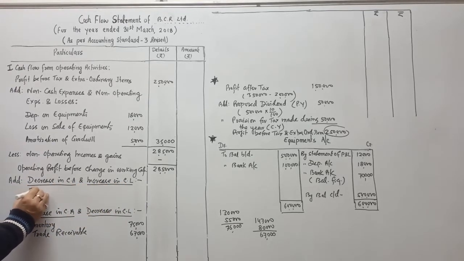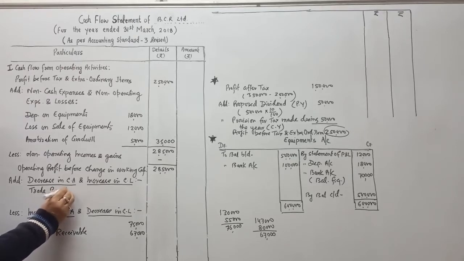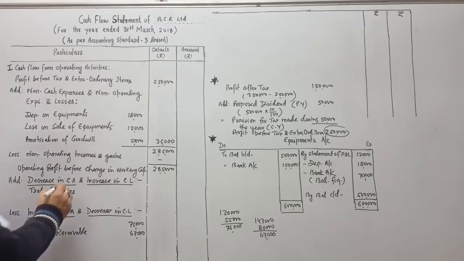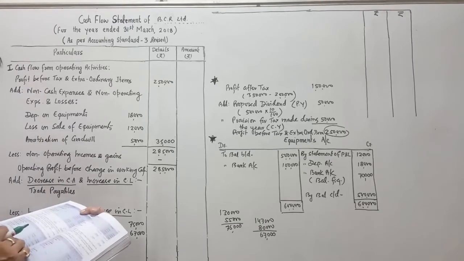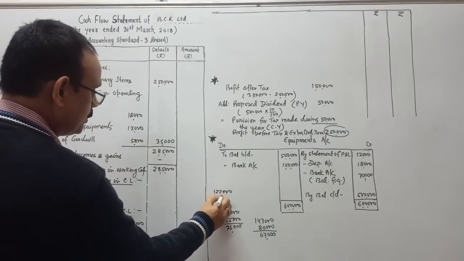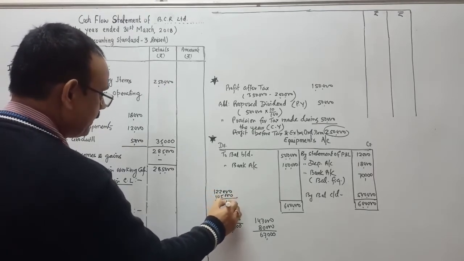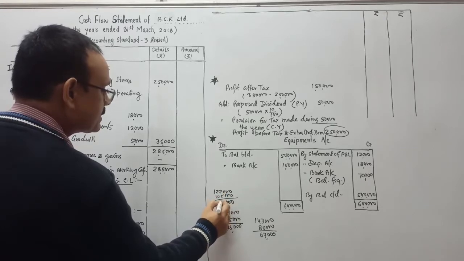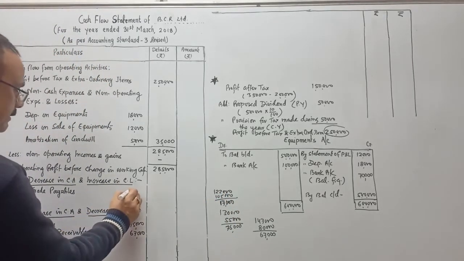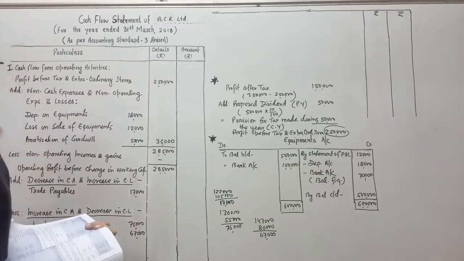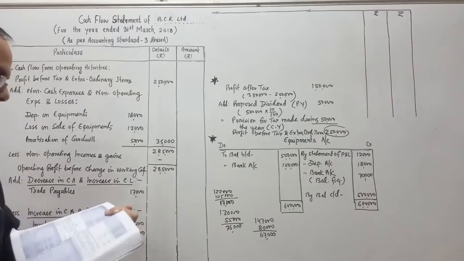Trade payables is increased by 17,000. Creditors and bills payable are jointly known as trade payables.